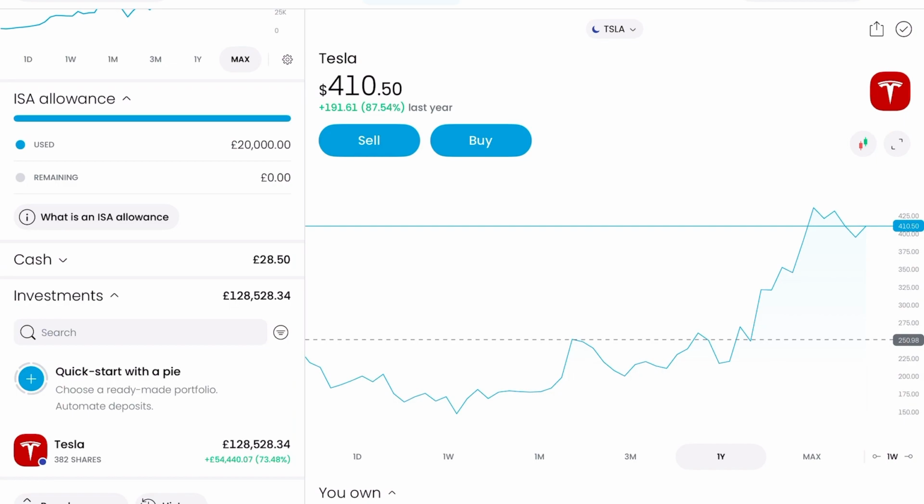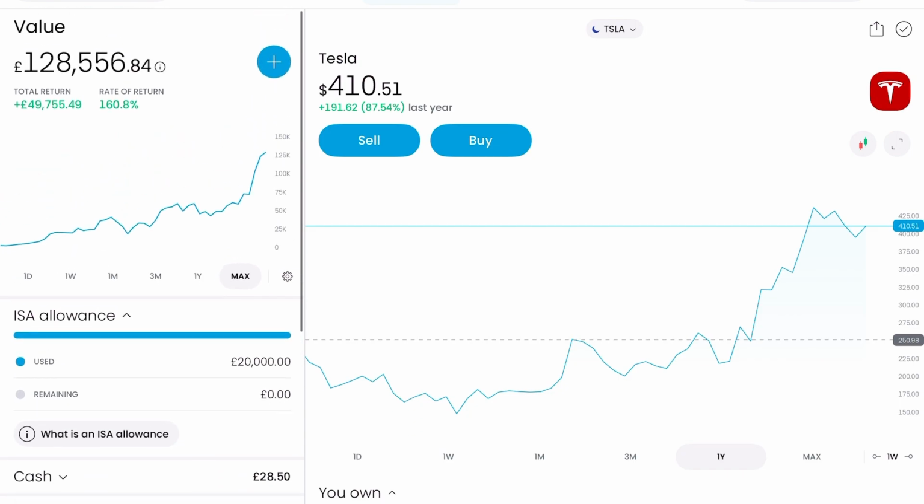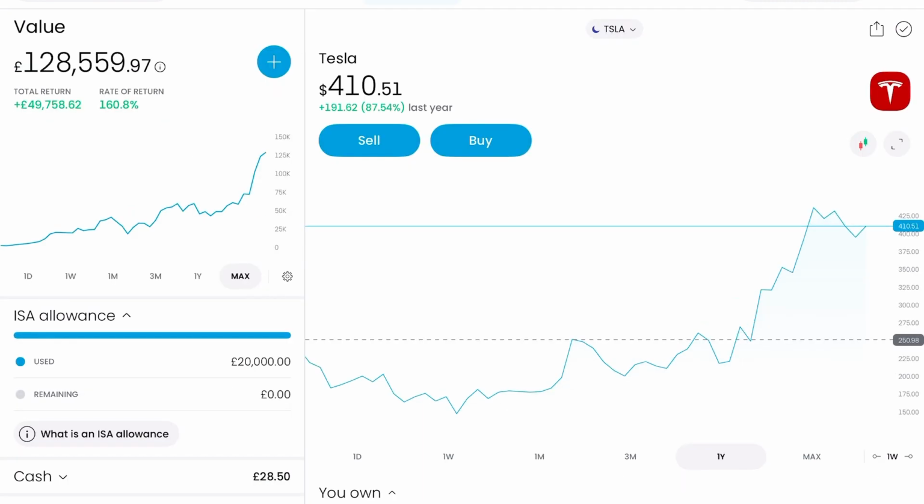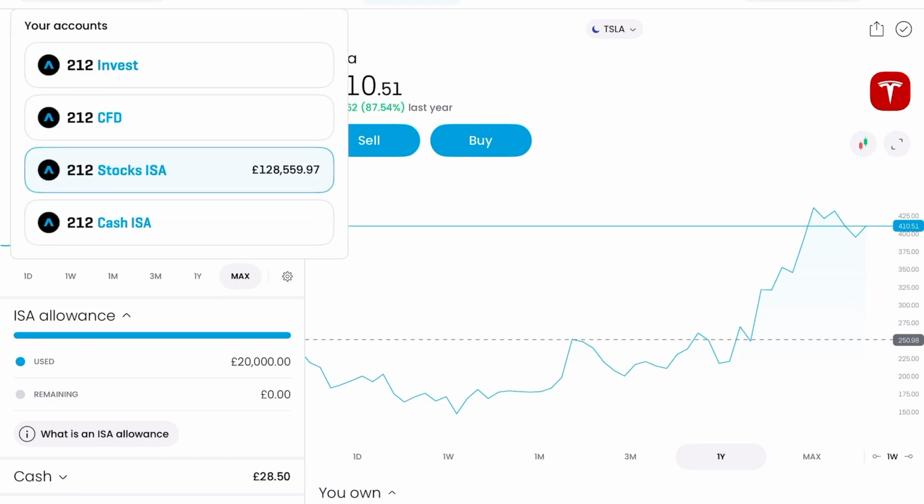Anyway, guys, sorry, I went on a bit of a ramble there, but basically, nothing much has changed in the update, other than it shows all your accounts down here, and you click on each one to see them, so you can see that it's not a practice account, because some people said, oh, this is a practice account, it's not real.